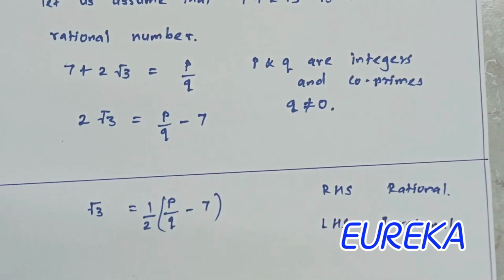So how is it possible that in an equation LHS is irrational and RHS is rational? It is not possible.